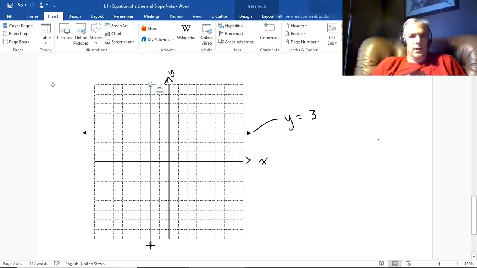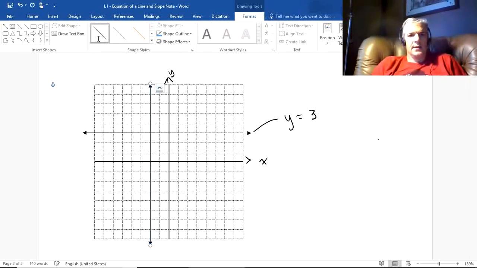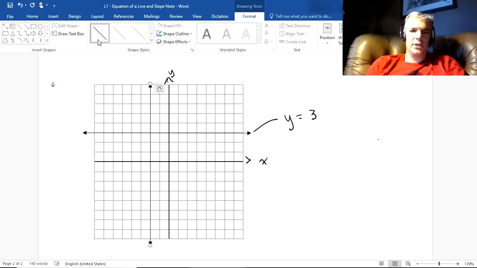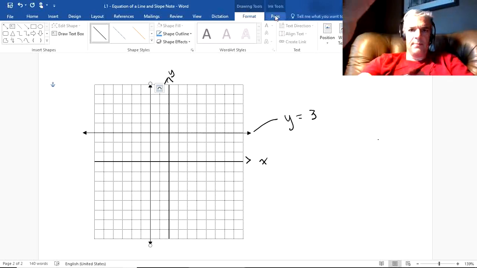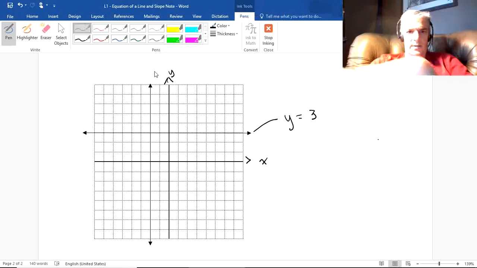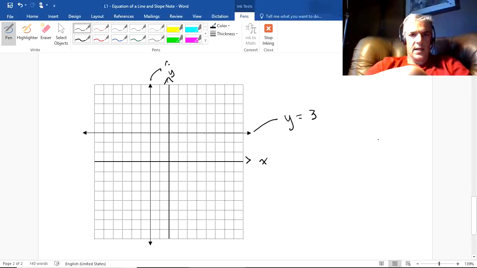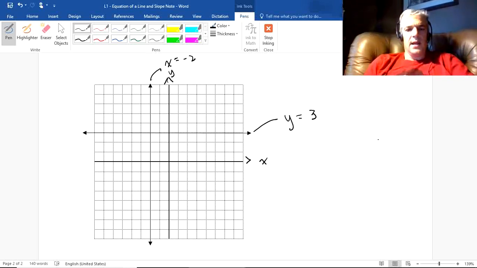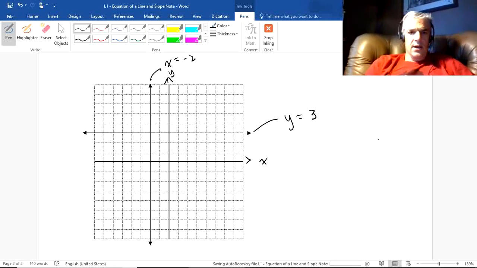I make it black, and I'll label this one too with my pen. The video program runs a little slow. This is x equals minus 2, and all along this line is x equals minus 2.